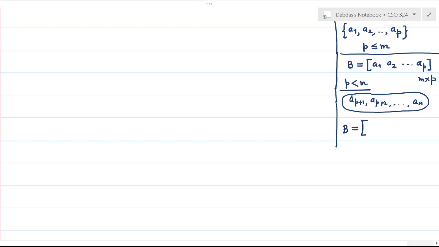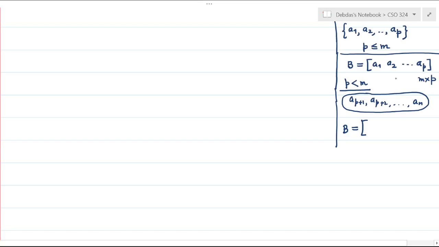So at first you choose the vector AP+1 and check whether, if you insert it in this set A1, A2, ..., AP, the set A1, A2, ..., AP, AP+1 is linearly independent. If linearly independent, then you check whether P+1 is equal to m. If P+1 equals m, then that will be your set capital B.